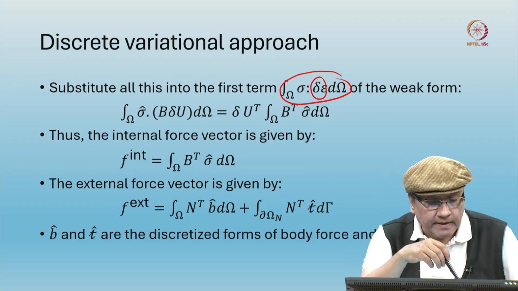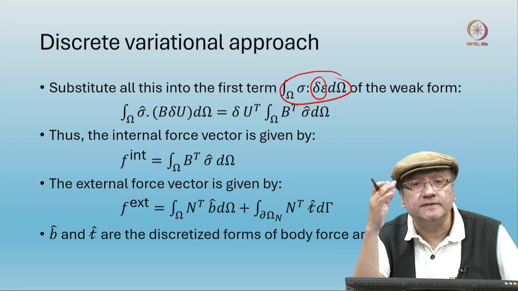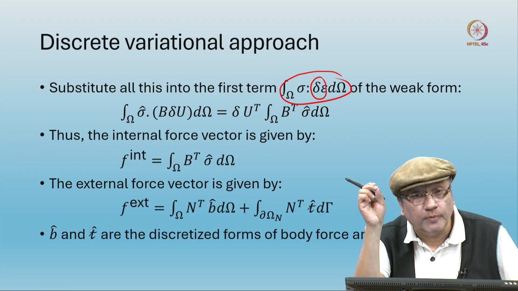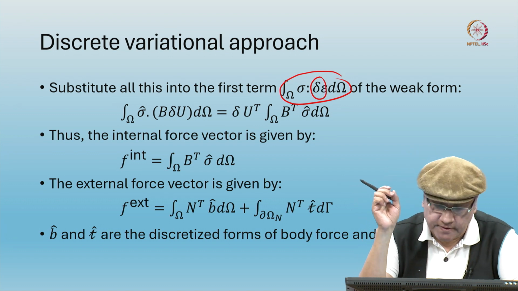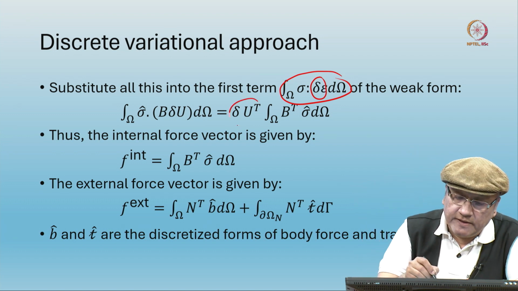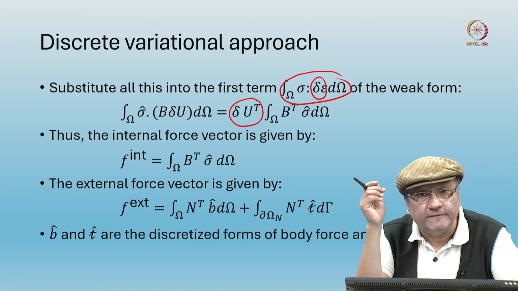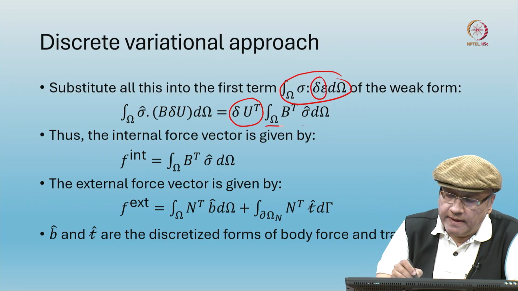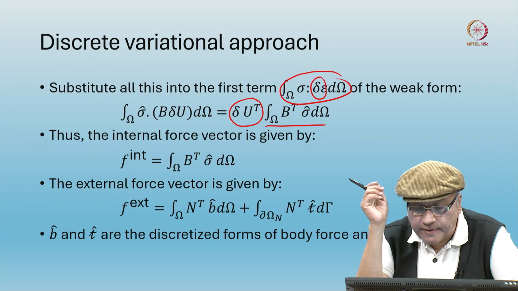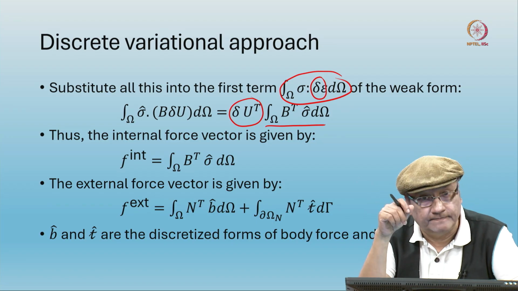Now this integration is over omega, that is over the coordinates. B is a function of the coordinates, but not capital U, because capital U is defined only at the nodal points, the set of displacement degrees of freedom DOFs. So that comes out of the integral, and you take the dot product through the transposition of the vector delta U, and you have this integral over omega of B transpose sigma hat sitting as the integrand.